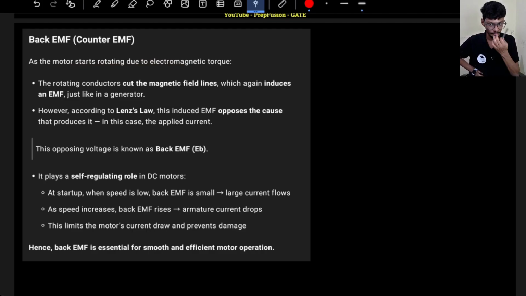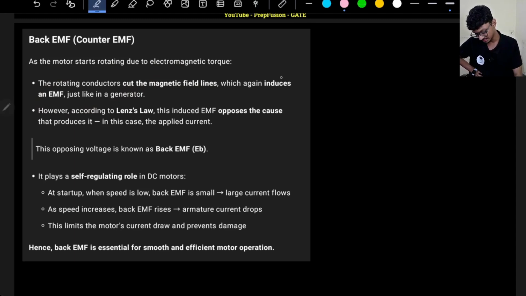Of course EMF will be induced as it cuts the magnetic field lines, so it will oppose its initial cause. At the instant of starting, the torque will be very high, so it will try to rotate at very high speed, but as back EMF increases, slowly the torque will reduce as current is reducing, hence the speed will reach steady state.